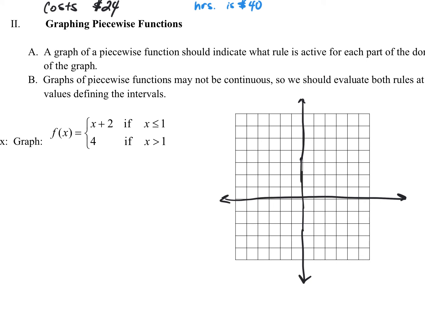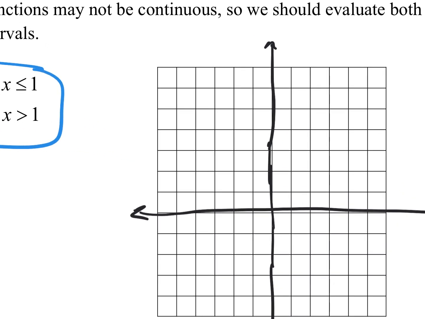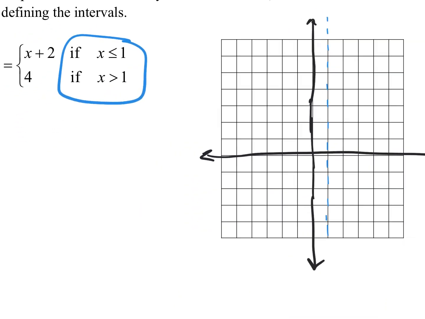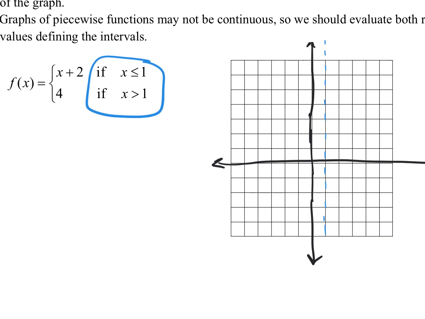Just looking ahead here, I can see that something happens at x equals 1. So what I like to do here is really start by focusing on our domain. In this case, something happens at 1. So we can actually put a little dotted line there. Now this dotted line has nothing to do with the graph itself, right? It's not really demonstrating any values. It's not doing anything for us, but it does tell us that something changes.